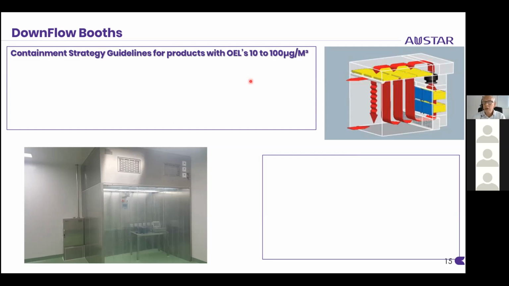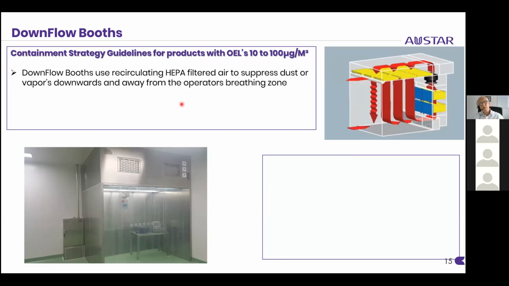Okay, so downflow booths. We can protect down to 10 micrograms, so we put these in the band between 10 and 100. A downflow booth actually recirculates air. The schematic here shows we have in the middle of the system a fan, which moves air around the system.